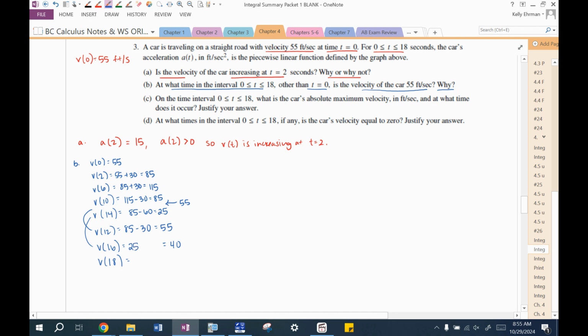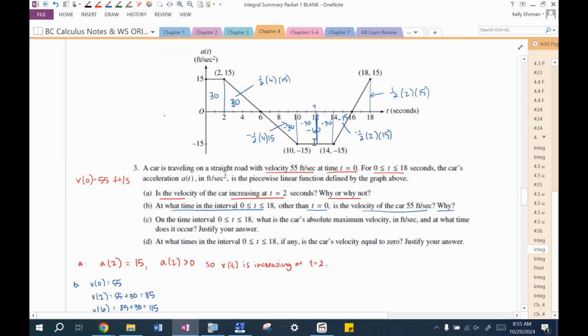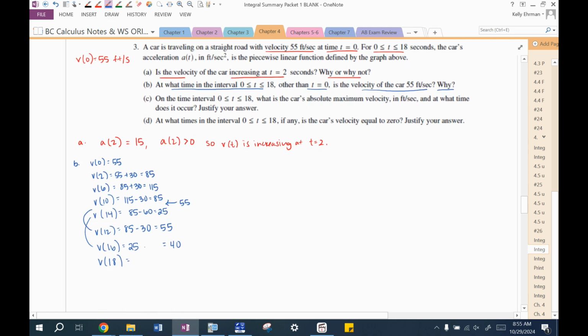So v of 14 was 25. The area between 14 and 16 was minus 15. So 25 minus 15. I knew something didn't seem right there. 25 minus 15 is 10. And then if I'm at 10 and I go up, what did I say that was? 15 again? I'm back to 25. All right, so there is only one time here, at 12.